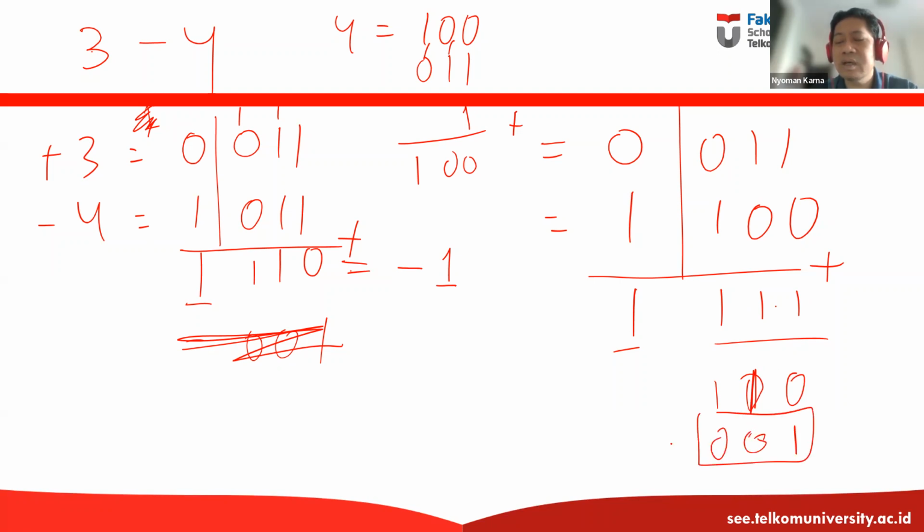So this is the actual value. So this 1, 1, 1, 1 is also a representation of negative 1, but in 2's complement. That's for the subtraction and also addition in 1's complement and 2's complement.